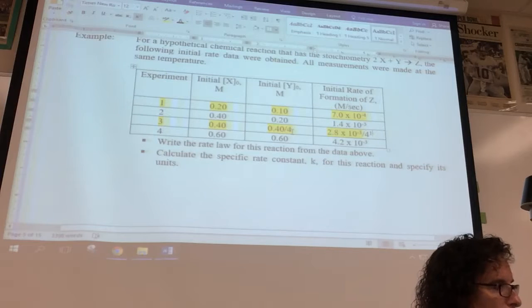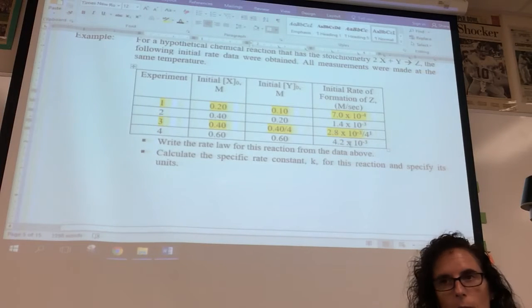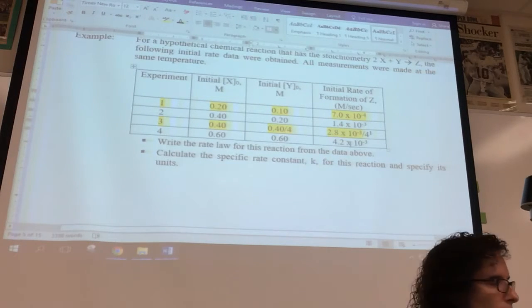And by doing that, I want to take the effect out of quadrupling Y on this rate. So I divide it by 4 to the first power because we established that this is first order. So if it were second order, I would have divided it by 16. All right?